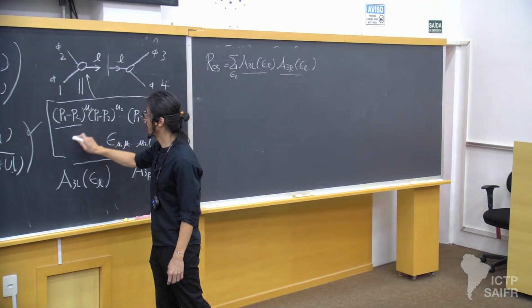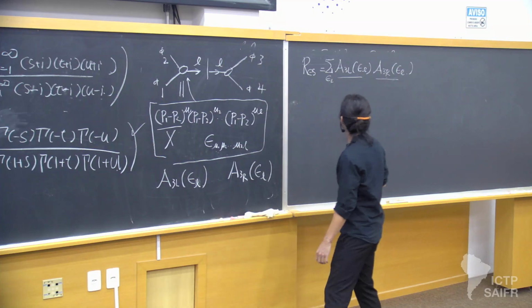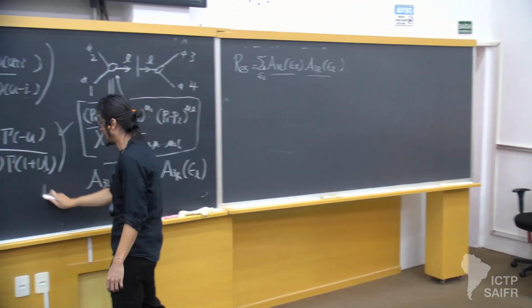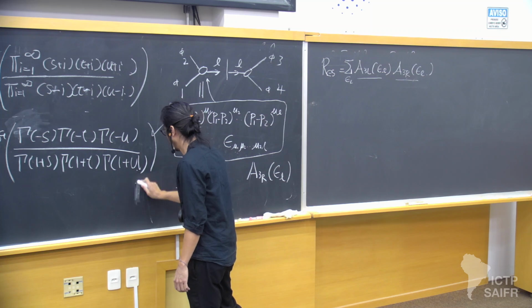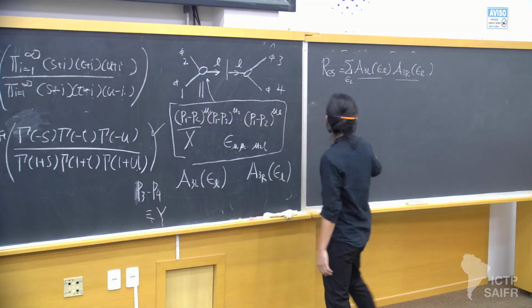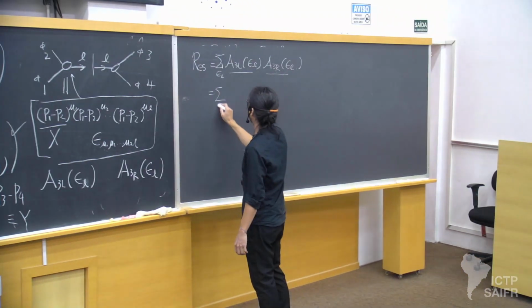So let me call this vector x, and P3 minus P4, let me define this as a y vector. So this is essentially summing over your polarization.